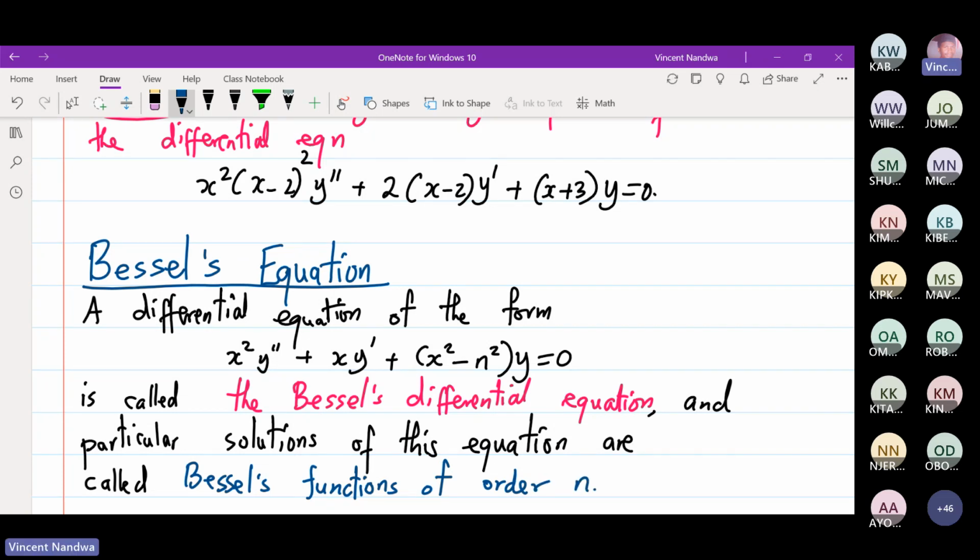So this is our main focus here. If a differential equation takes this form, then it is called Bessel's differential equation, and a solution to such an equation is called Bessel's function of order n.